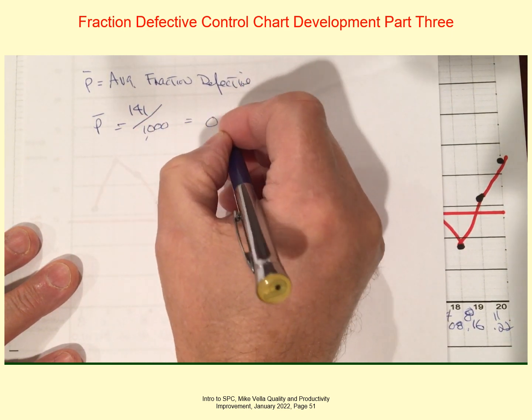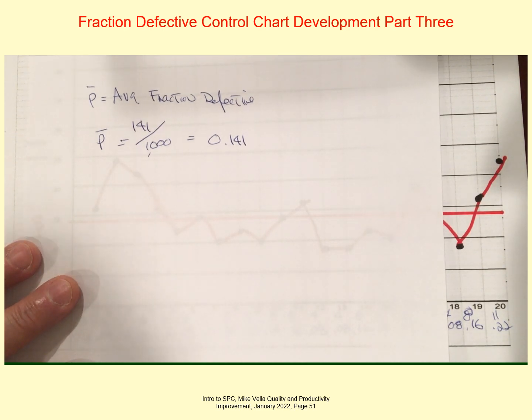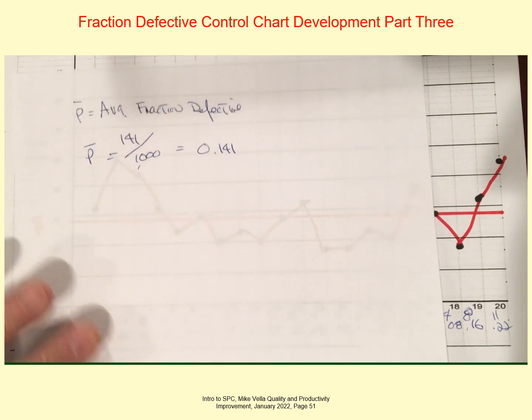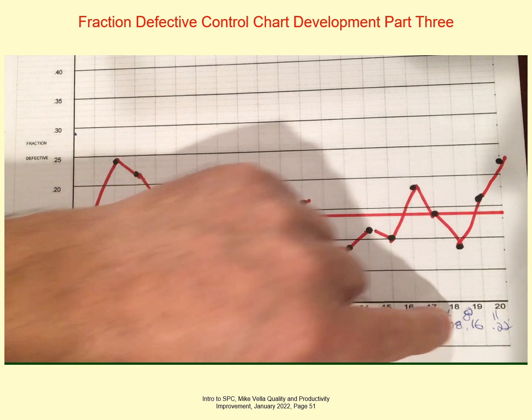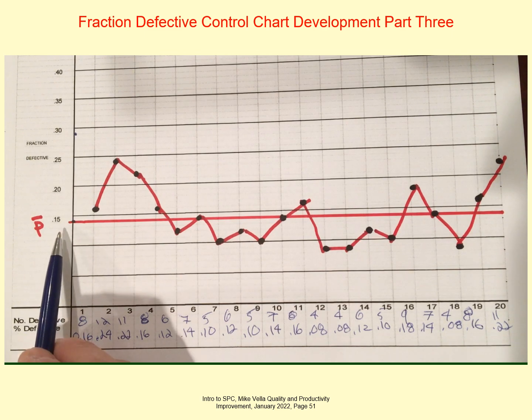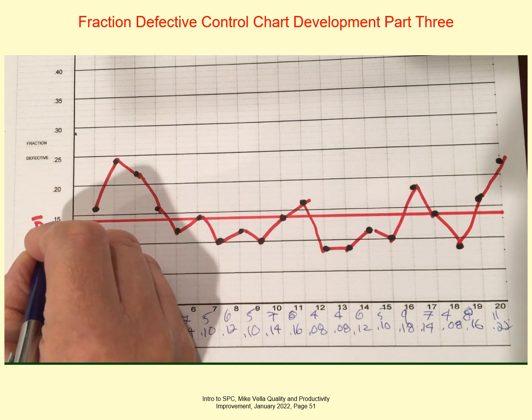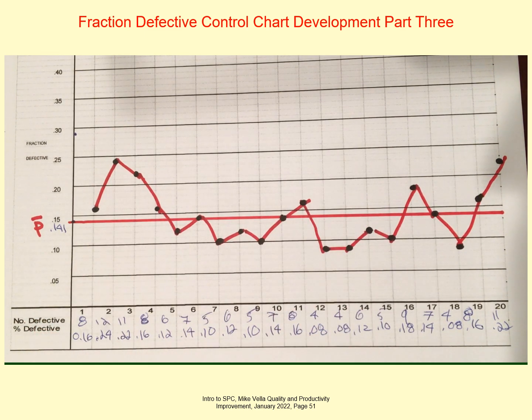So the average fraction defective is 0.141. Another way to do that would be simply to add up all the fraction defectives here and then divide by 20. You'll get the same number. So the p-bar is 0.141, and we have it noted here with the red line, and that should look symmetrical. About half the dots should be above and half below the average fraction defective.